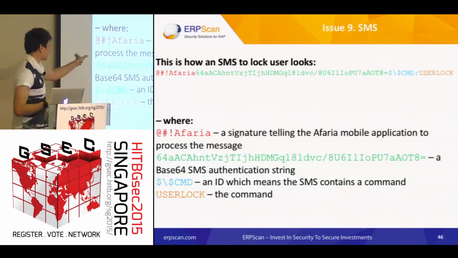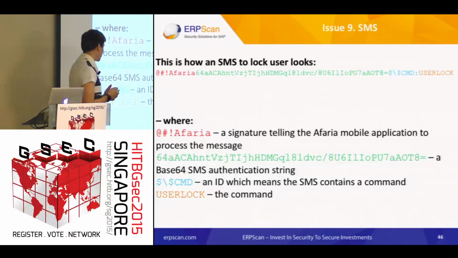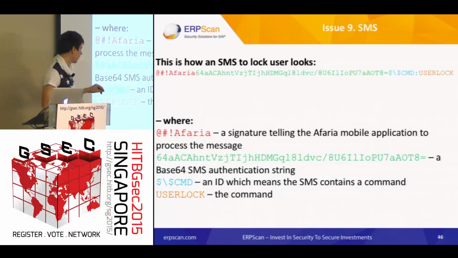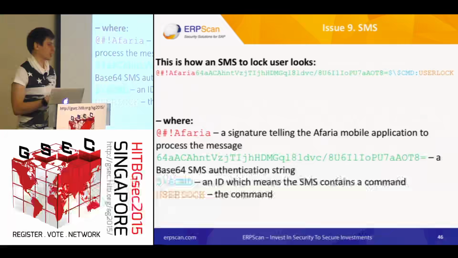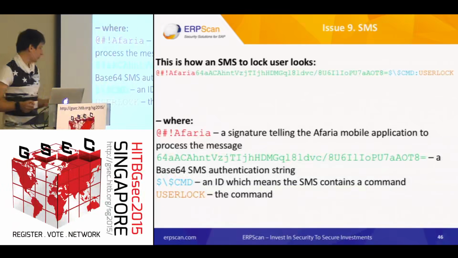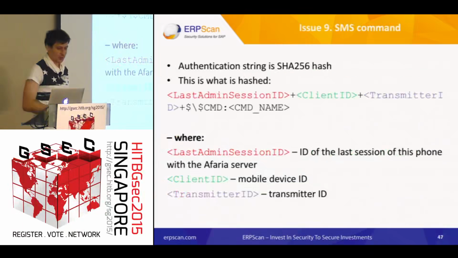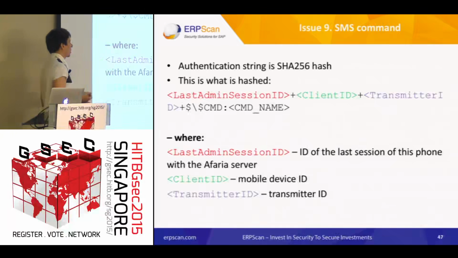So first of all, the signature. After that, the base64 SMS notification string, and after that, the ID of the command and the command name, which will be executed if we provide a successful notification string. The most interesting part of this SMS is, of course, the notification string.